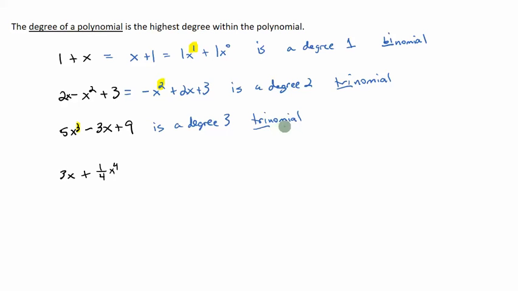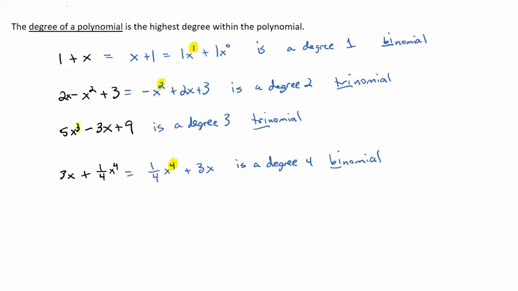If there's one term, you could say a monomial. You don't encounter those terribly often. Okay, so this next one, if we put in descending order, would be 1/4 x to the 4th plus 3x. And the highest degree is 4, so this is a degree 4. And since it has two terms, it's a binomial.